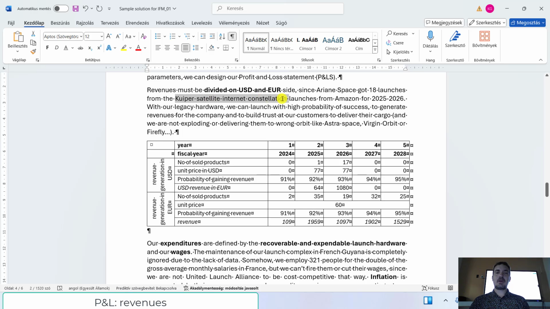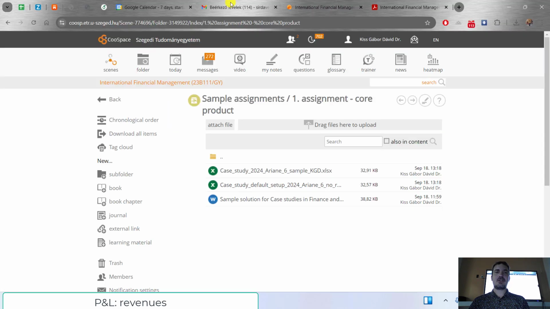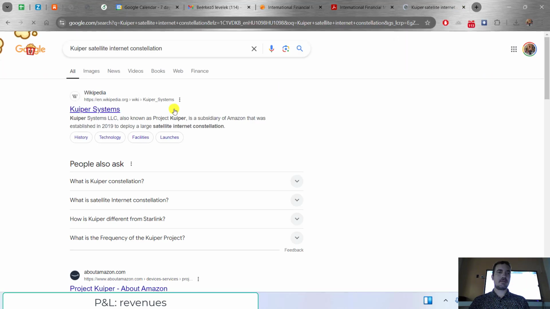So the Kuiper satellite internet constellation. So let's go to Wikipedia.